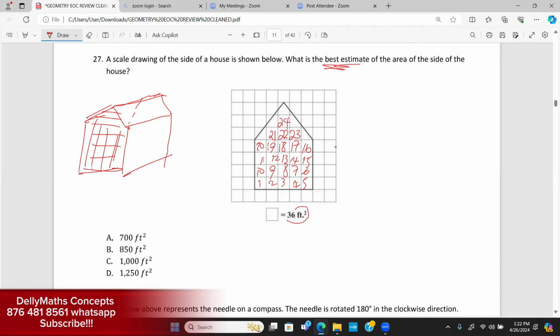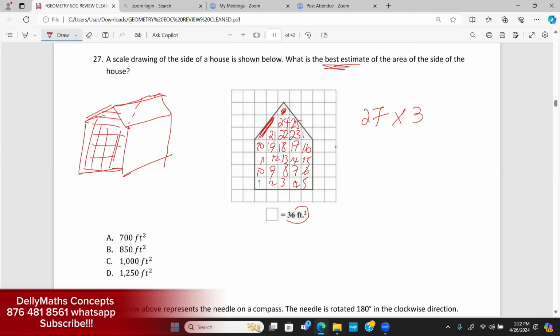I have 24 solid squares that are fully covered. Then I'm going to piece in the others to create more. So I could say this and this becomes 25. This and this becomes 26. And this and the other little piece is 27. So technically, I'm working with 27 of those.